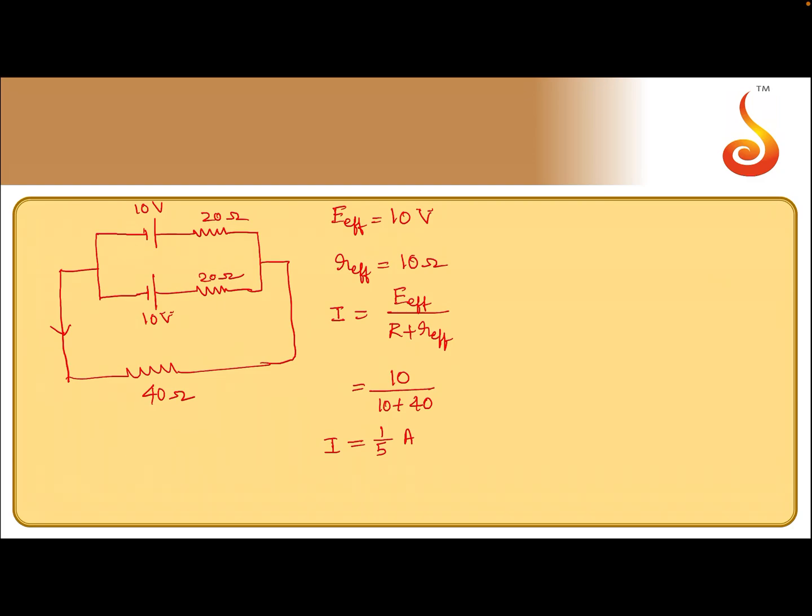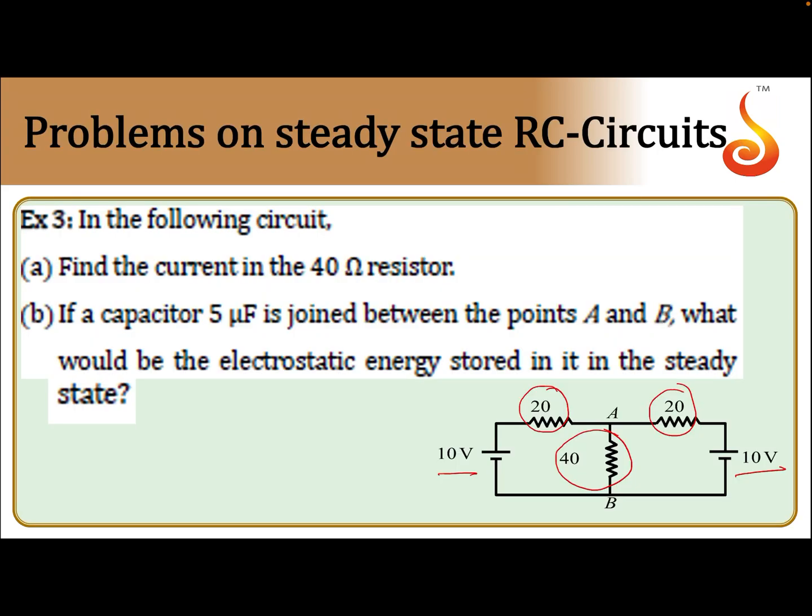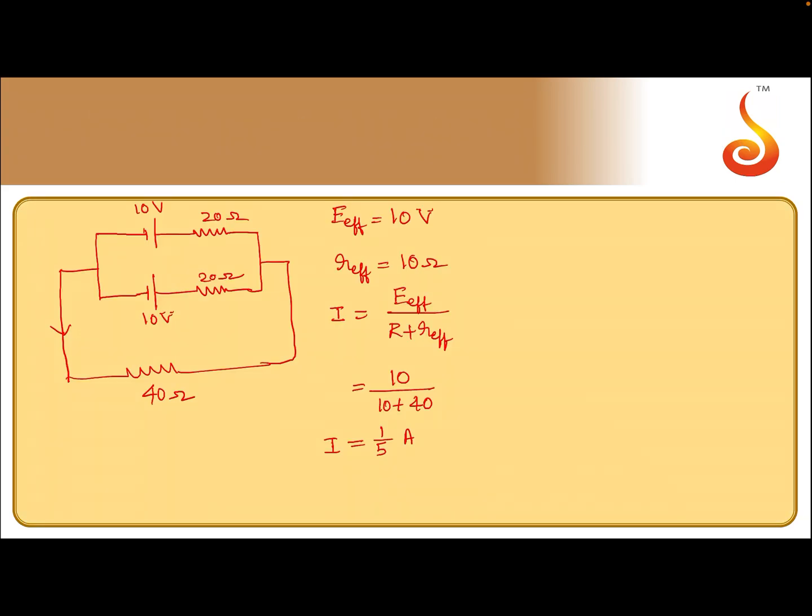This is the current. Now what we need to find is the current in the 40 ohm resistor. The current in the 40 ohm resistor is 1 by 5 ampere, that is 0.2 ampere. So this will give you part A.